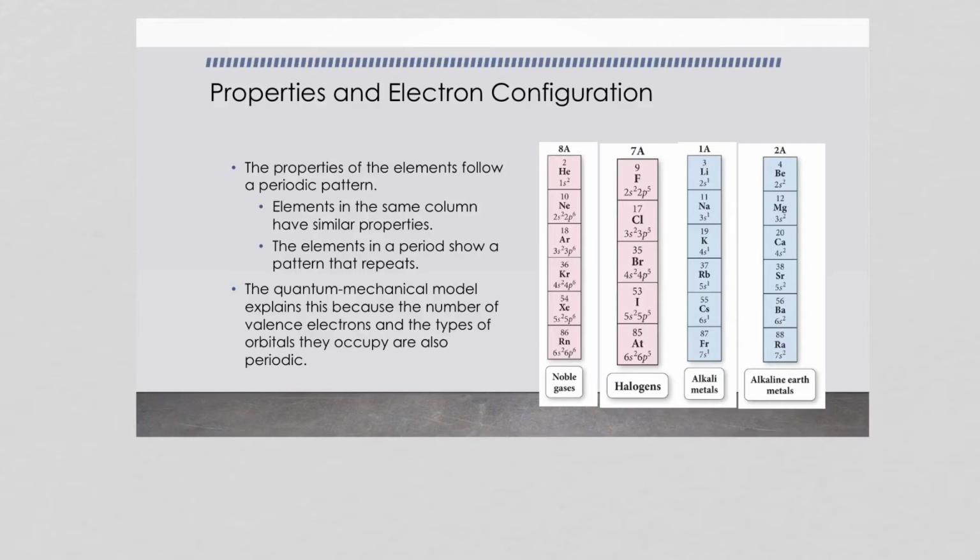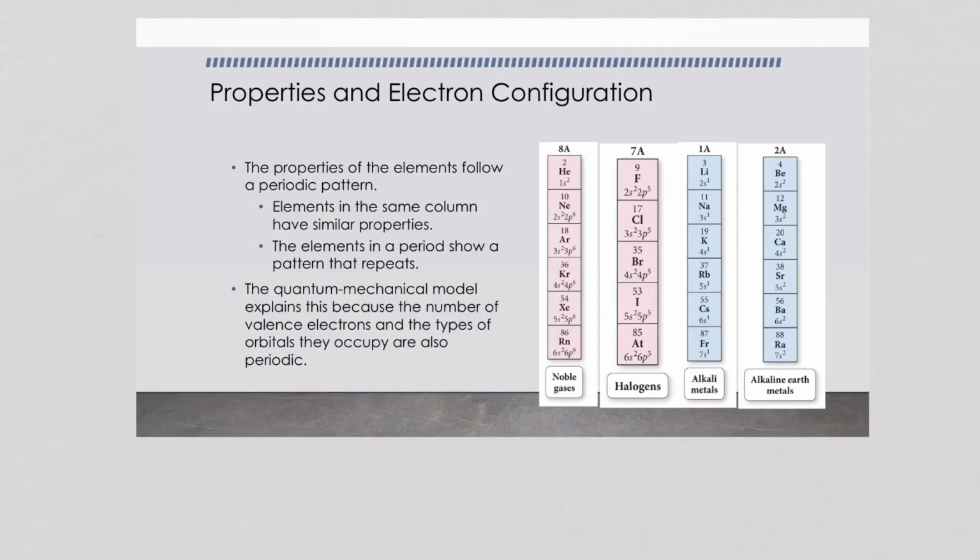As I said, a lot of these are based on the electron configuration, and maybe even more importantly, the number of valence electrons. As we look at these different columns, whether it be the halogens, the noble gases, or the alkali metals, you start to notice patterns. Their valence electrons always have the same pattern. All of the halogens are always s2p5. This is just what energy level you're in. All of the alkali metals are always s1. All of the alkaline earth metals are always s2.